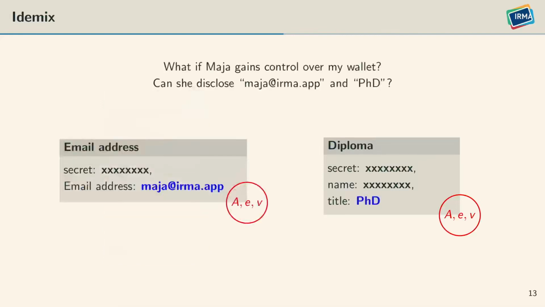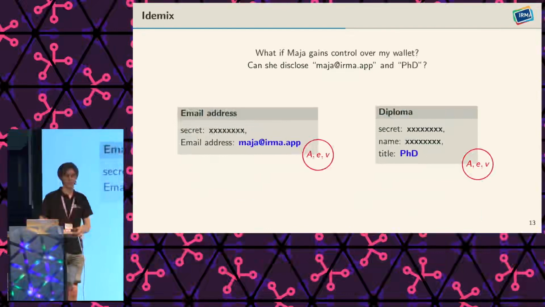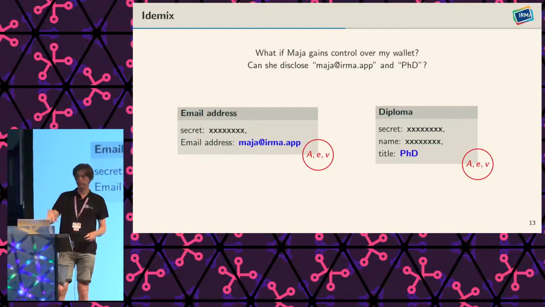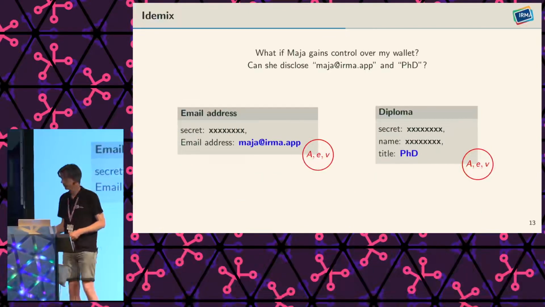Okay. So, because there is a thing that we have to solve still. If we just naively combine the multiple credentials on top of each other using the disclosure protocol that I showed you earlier, we introduce a problem that we have to solve. Because the issue is, suppose I have my IRMA app and in it contains a credential that states that I have a PhD, right? But suppose I'm careless and I leave my phone just lying over there and Maya picks it up, you know?